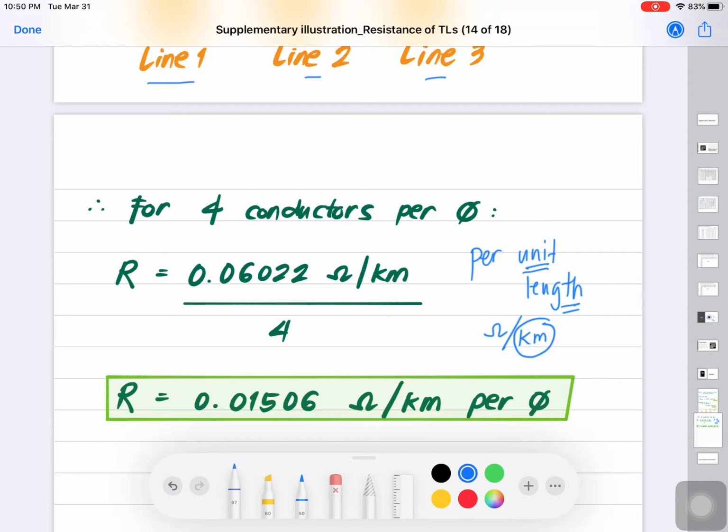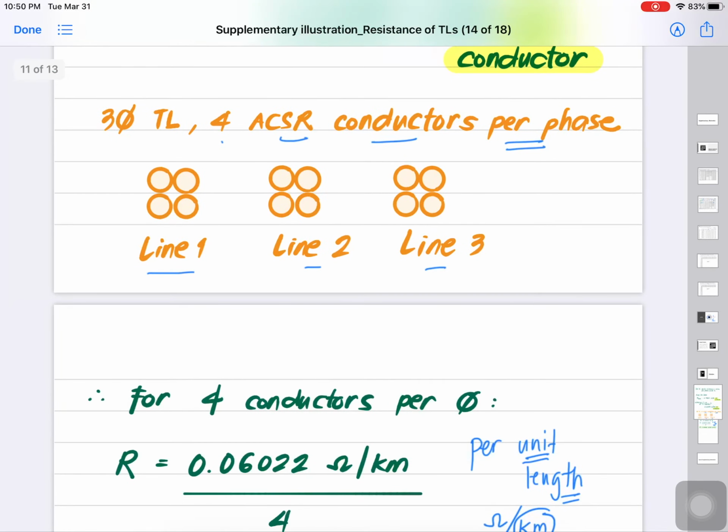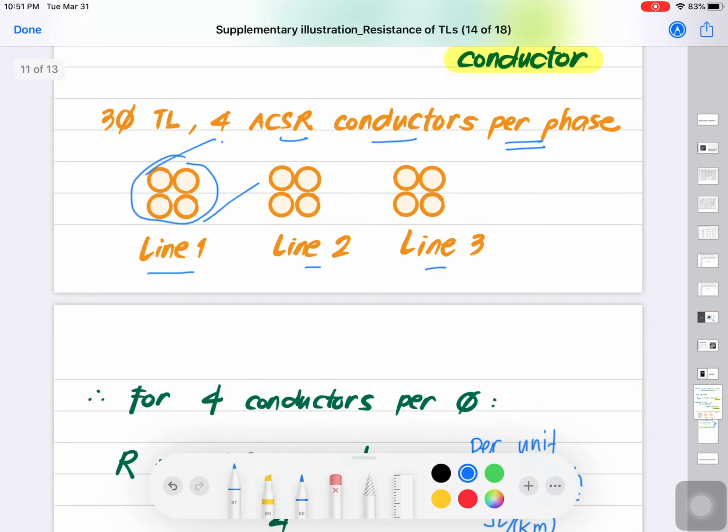So, meaning, one conductor, 4 kilometers, kunwari yun. Another conductor, 4 kilometers. So, yung single conductor per unit length kasi yung hinahanap natin. Not this. Hindi yung entire, let's say, bundle. Not this entire bundle of the conductor.